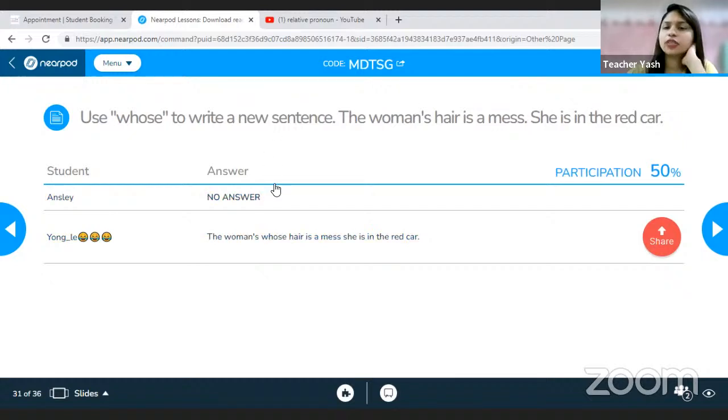Yongler, you have to take out that apostrophe S. The woman whose hair is a mess is in the red car. You don't need to put the word she. The woman whose hair is a mess is in the red car.